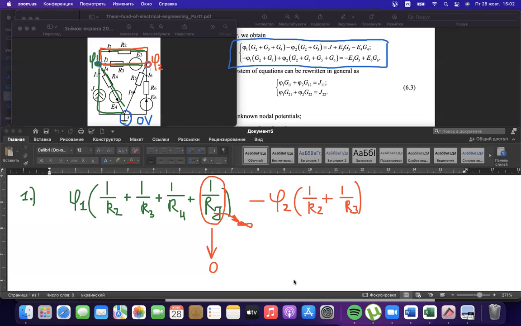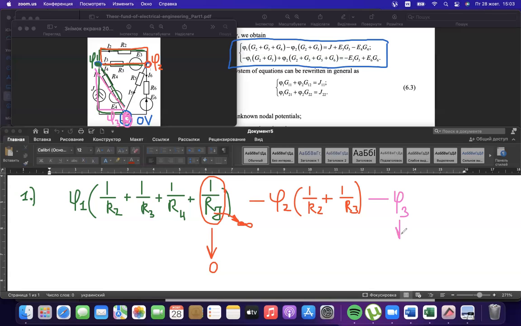Then, if there are other potentials in this system, we also take them. In our system, we have only the last potential, 3, and in general, we should write minus phi3 on the branch that connects the third potential with our main phi1.